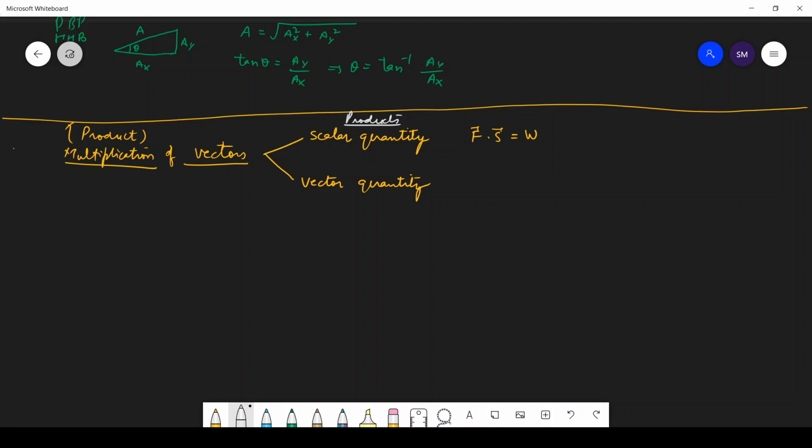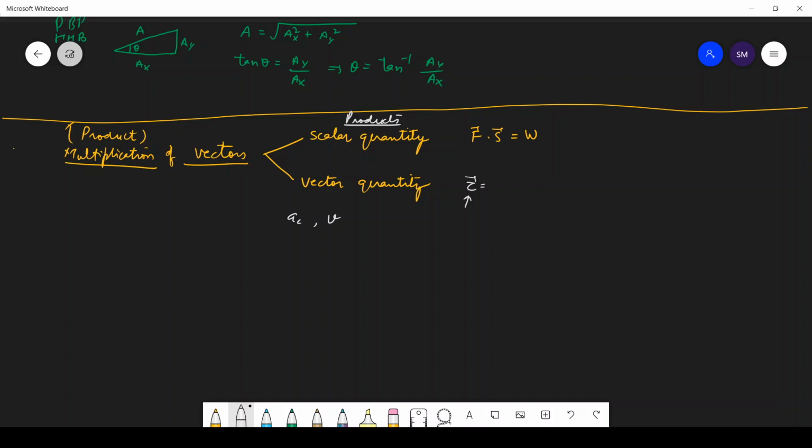Let us look at some formulas which involve the vector product, and the first formula that we will be dealing with is torque, the force which is responsible for rotational motion. In rotational motion we have written centripetal acceleration and even the linear velocity, but we have not written the force.